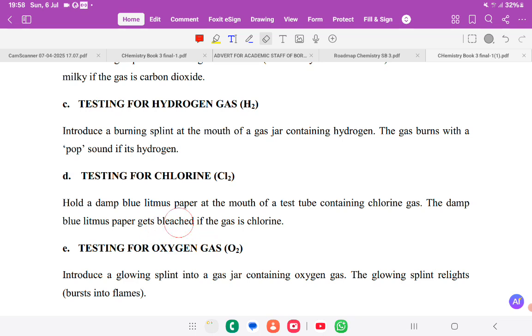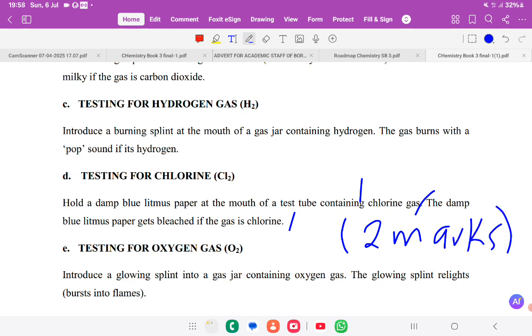To be bleached simply means to lose color. So the blue color is going to disappear upon dipping it into the test tube that contains chlorine. Very important. So the test is 1 mark and the result is also 1 mark. A total again of 2 marks there. I hope we are following.